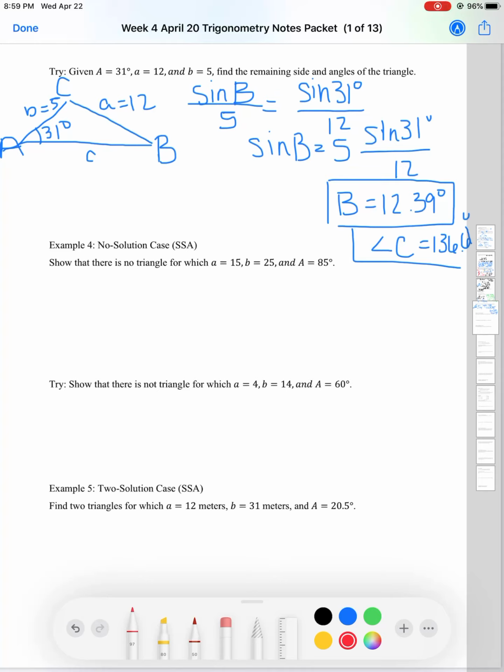Now, we want to get side C. So we do C over sine 136.61 degrees equals side A over sine 31 degrees.